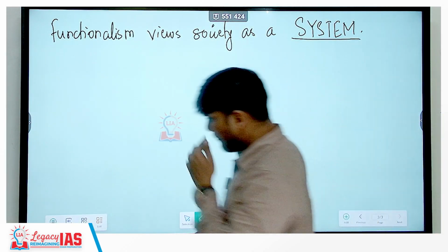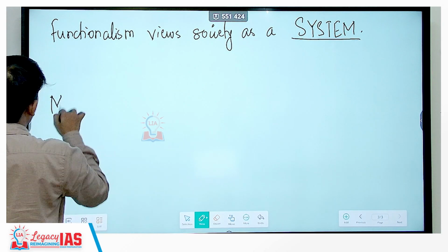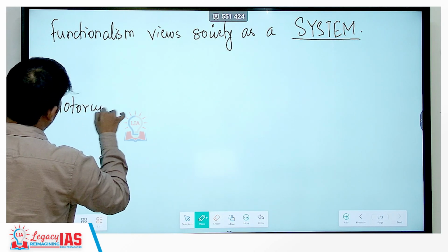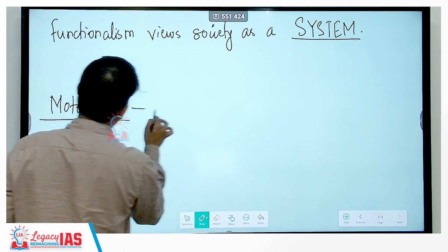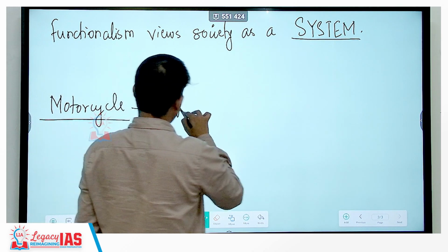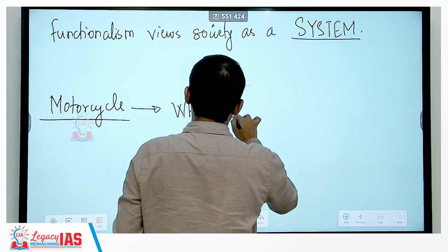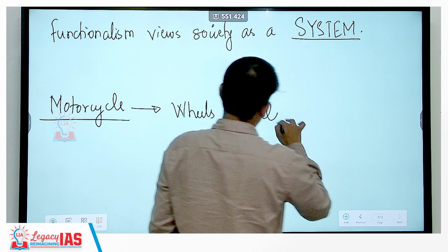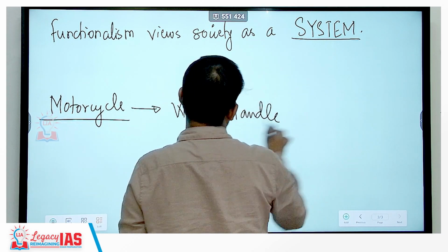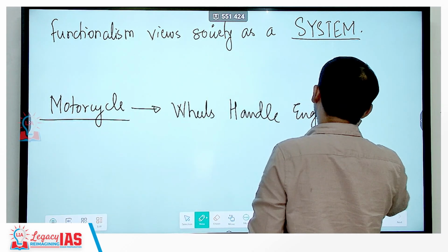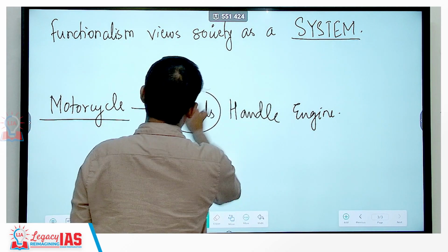System made up of what? So if we talk about a motorcycle, a motorcycle is a system made up of what? There are wheels, there is a handle. In case of a car, it will be a steering. There is an engine. This wheel itself consists of what?